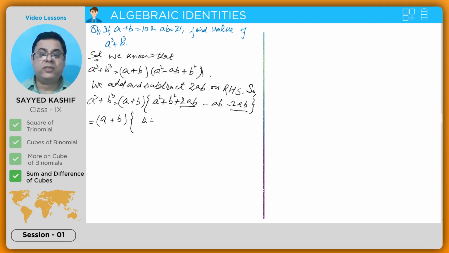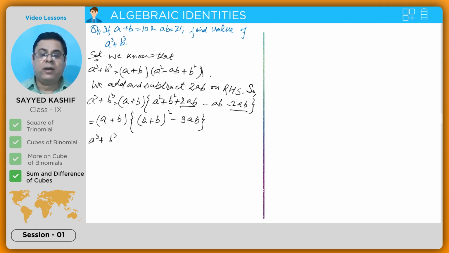So the first three terms in the second braces become (a plus b) whole square, and minus ab and minus 2ab add up, they become minus 3ab. So the entire expression becomes (a plus b) into ((a plus b) whole square minus 3ab).